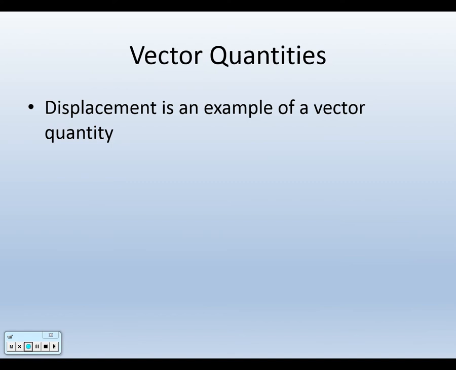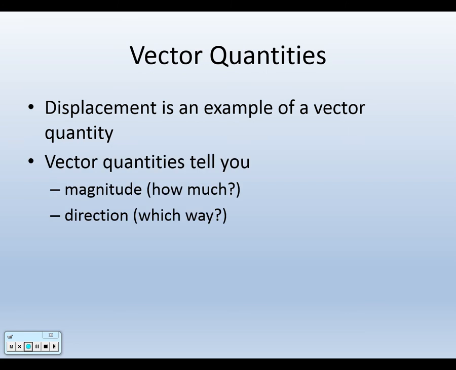So, displacement is an example of what we call a vector quantity. A vector quantity has to tell us 2 things. A vector quantity has to tell us magnitude and direction. Magnitude is a fancy word for how much or how big something is.